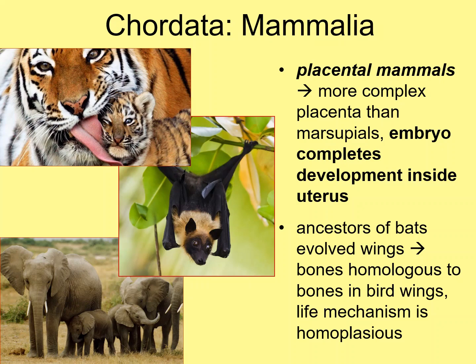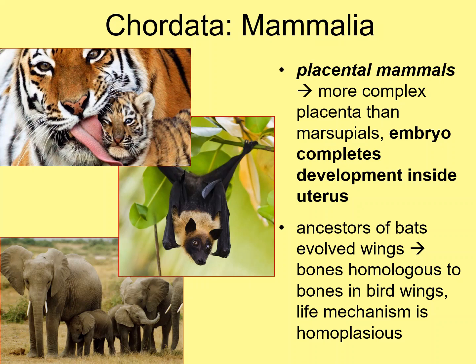Flight has evolved once in insects. It's evolved in bats. So we have bat wings that are similar in structure to a pterosaur wing because it's basically a thin membrane of skin stretched between the bones. But it's evolved independently a couple of times there. And then, of course, you have bird wings.